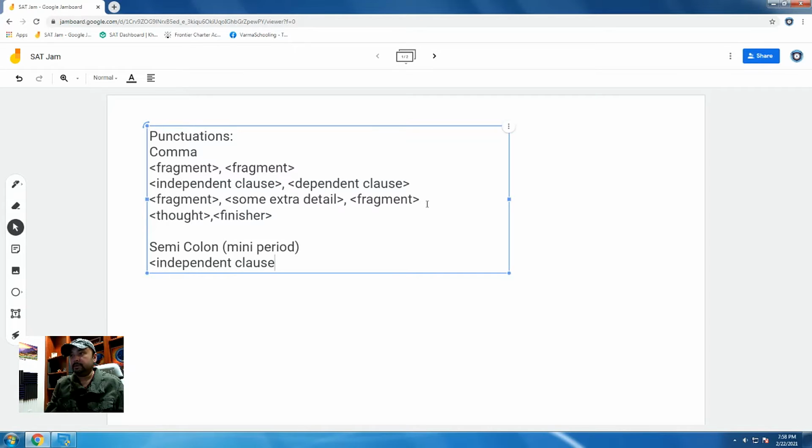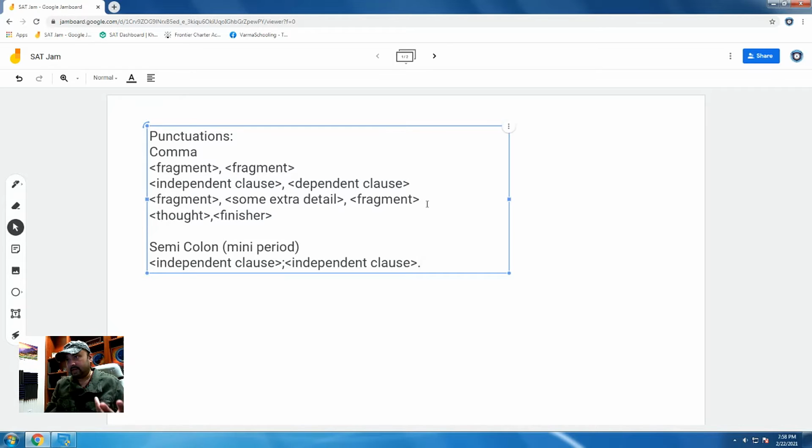You know, an independent clause, and then semicolon, independent clause. Okay, getting dyslexic today. So that would be the structure of a semicolon, and semicolons and periods can actually be used interchangeably, and it wouldn't be wrong.